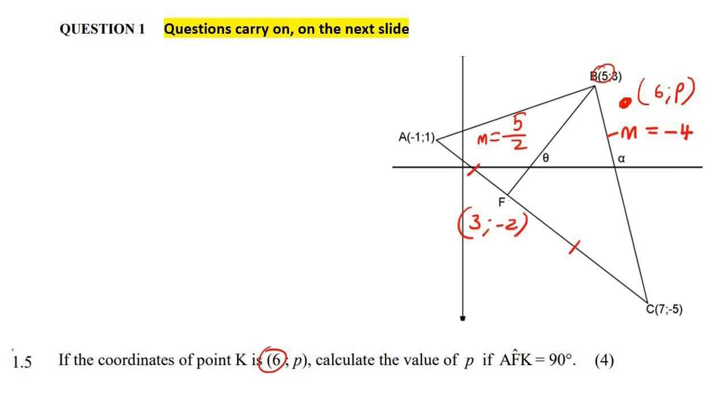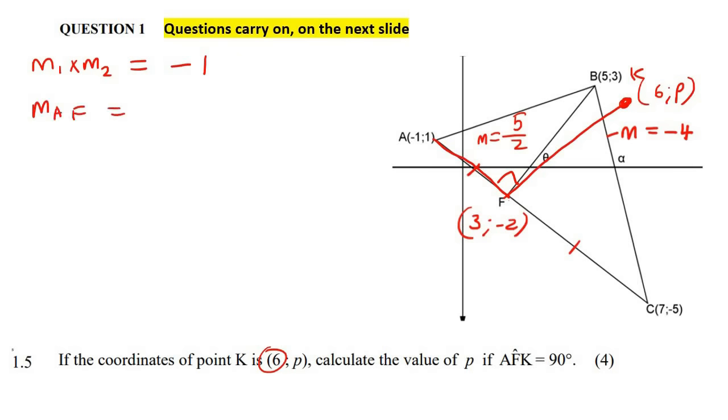So what they tell us is that this angle, AF to FK, is 90 degrees. So what I would immediately do is I would just know that when two lines are perpendicular, or when two lines make 90 degrees, there is this property that says that when you multiply their gradients, you end up with -1. So what I would do is go work out the gradient of AF.